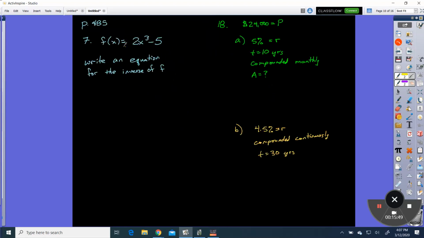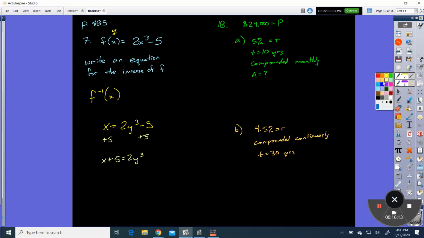Number 7 says now write an equation for the inverse of f. So you're supposed to find f negative 1 of x. Remember, this is really y. To find the inverse, you swap x and y. So I really have x equals 2y cubed minus 5. Now I'm going to solve for y. I add 5 to each side, so I have x plus 5 equals 2y cubed.